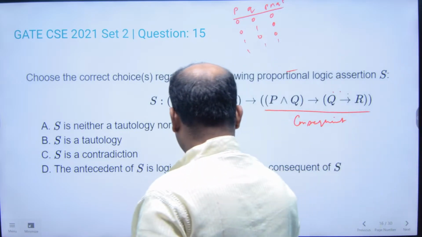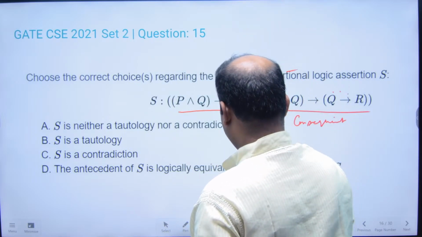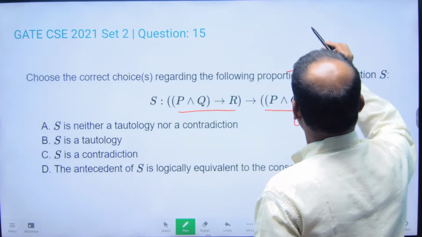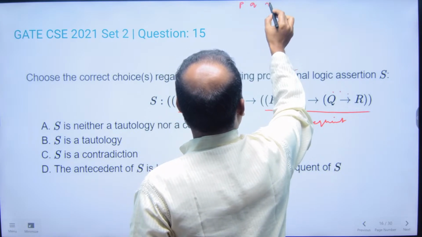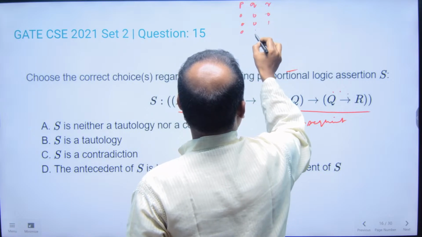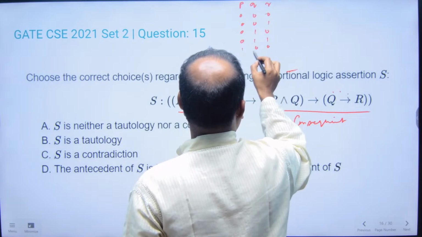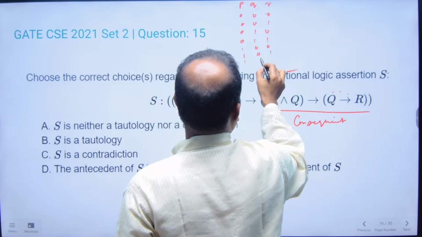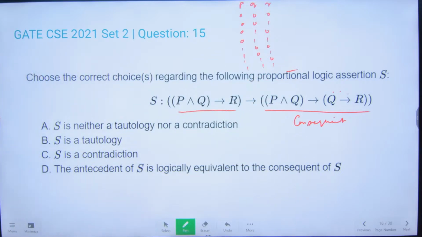So what is the best way? Best way is this: P, Q and R: 0 0 0, 0 0 1, 0 1 0, 0 1 1, 1 0 0, 1 0 1, 1 1 0, 1 1 1. Okay, and 0 is false and 1 is true.